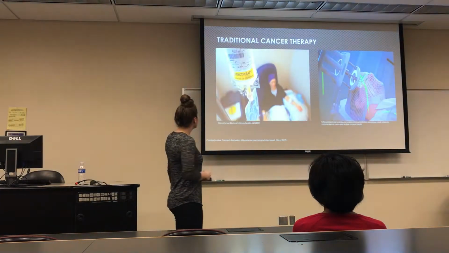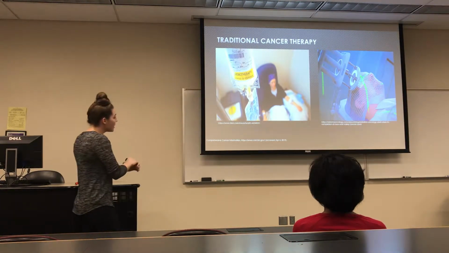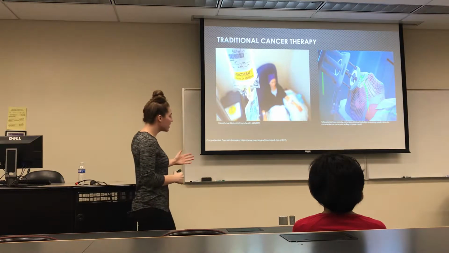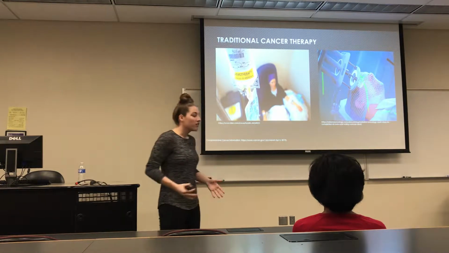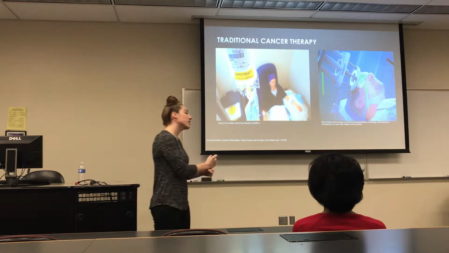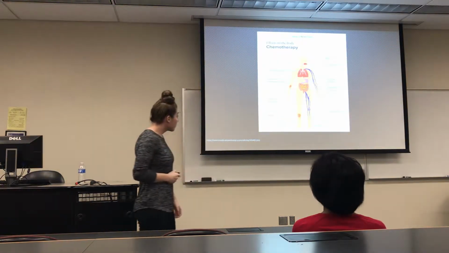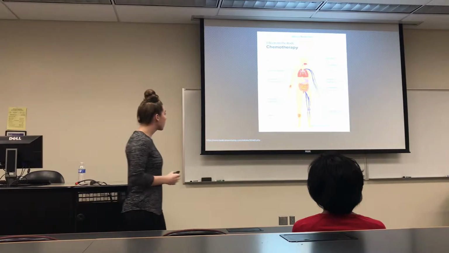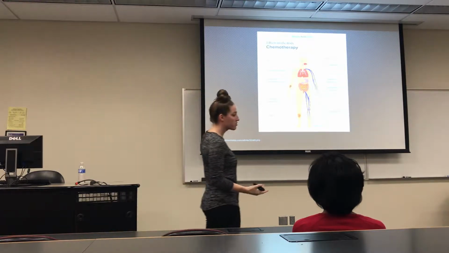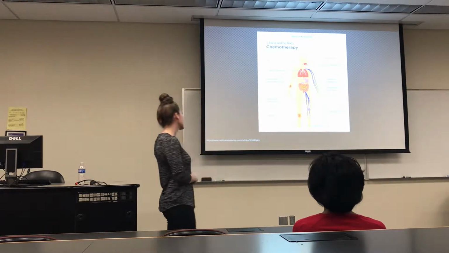So instead of traditional cancer therapies such as chemotherapy or radiation that basically target all cells, we can specifically look at targeting tumor cells, and we can avoid some of these types of side effects such as hair loss, mouth sores, trouble breathing, weakened immune system that are commonly seen with traditional cancer treatments.